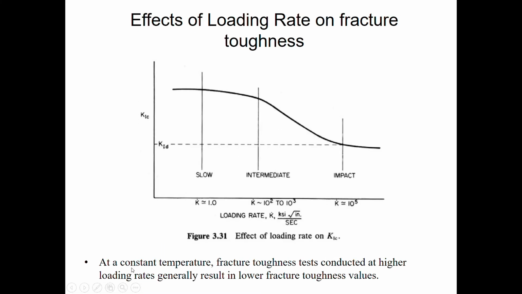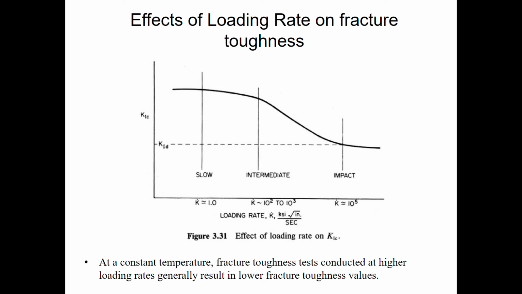Okay, this is the effect of loading rate on fracture toughness. At a constant temperature, meaning I have a fixed temperature, for example room temperature or any higher temperature, you will see the same trend, but it will differ in terms of its magnitude. So at a constant temperature means that the test has been conducted at the same temperature for these three tests.